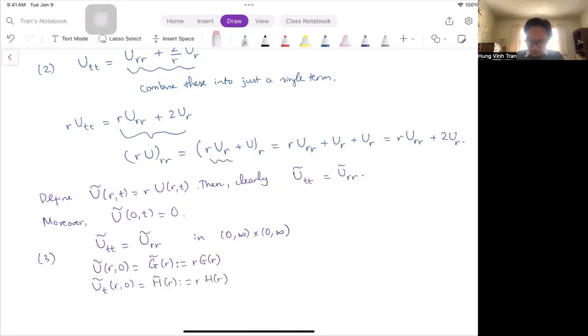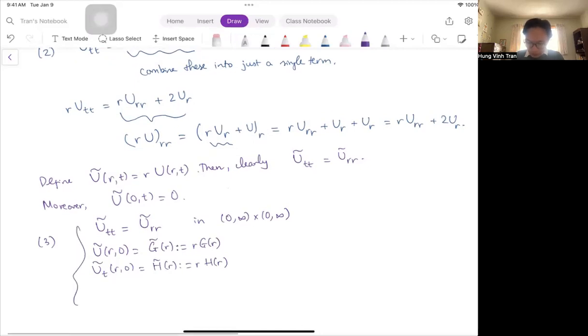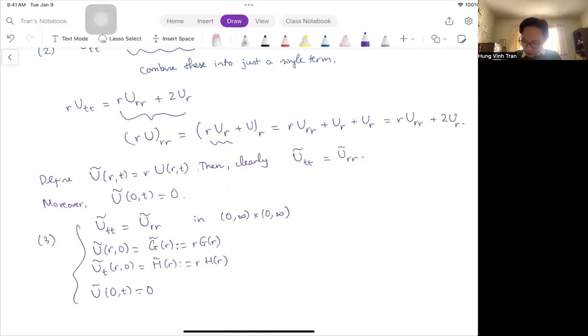And moreover, at the other boundary of the first quadrant, u tilde of 0,t equals 0. Let me draw it here.